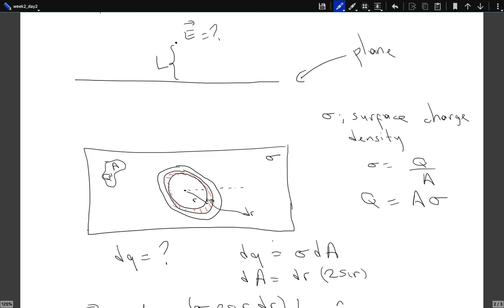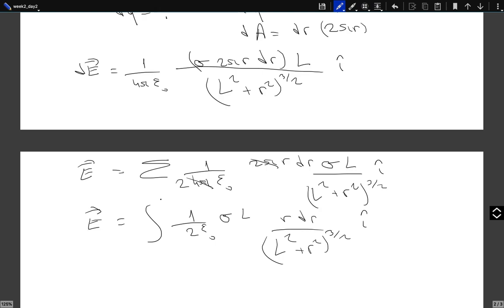I'm summing over all these rings. dr is at the same time both the thickness of each one of these rings, and also the change in the radius of the rings as I go from ring to ring. And I define it to be positive. When I'm summing over all these rings, I'm actually summing over all possible values of r. Because I start from r equal to 0, that is the innermost ring. I go up to r equal to infinity, that is the ring at infinity. So that gives me the limits. So I start from 0 and go up to infinity.